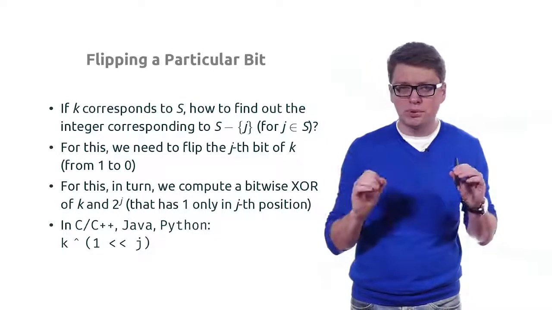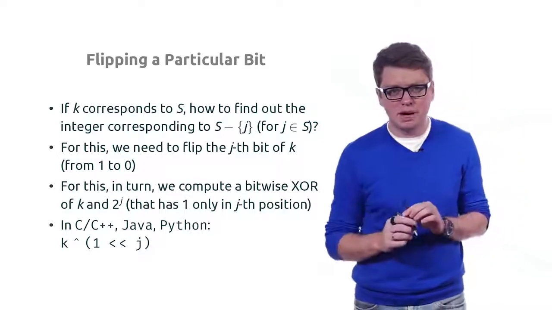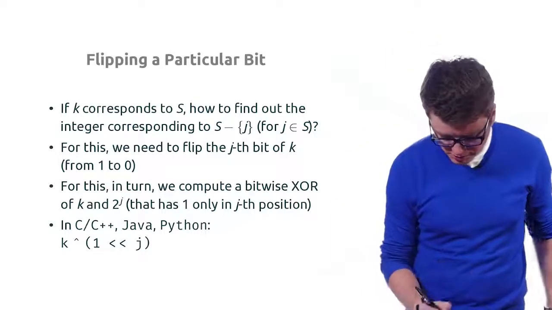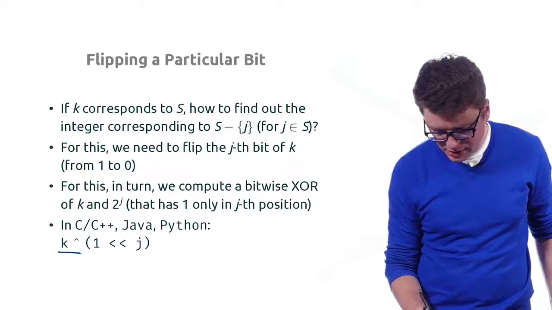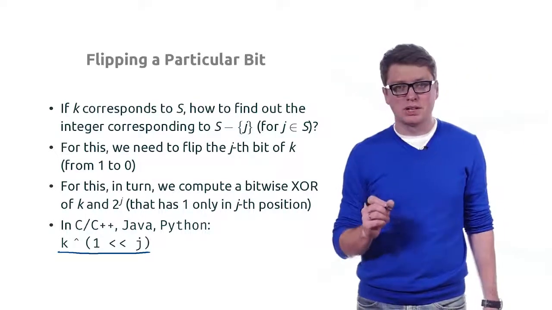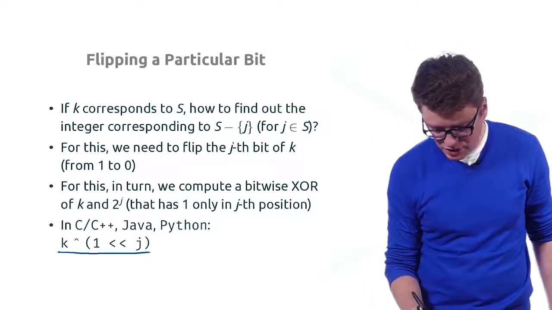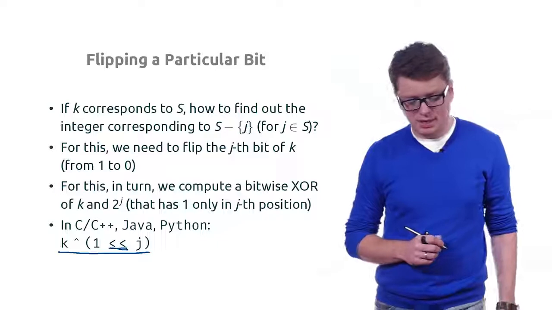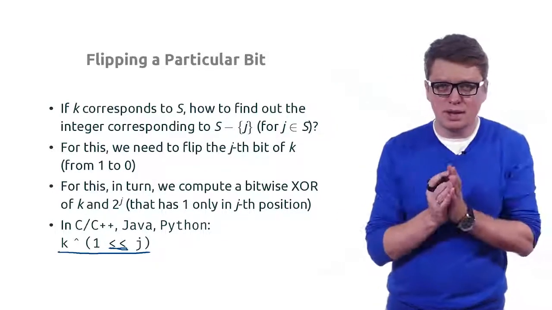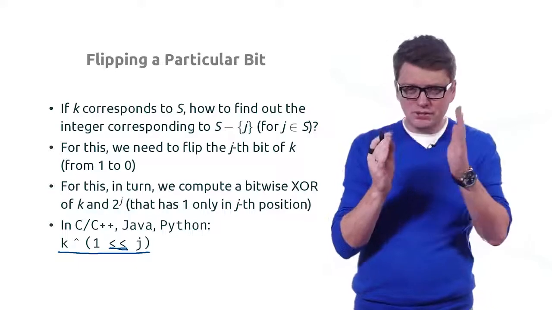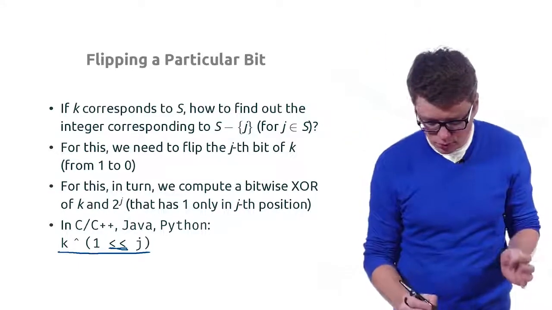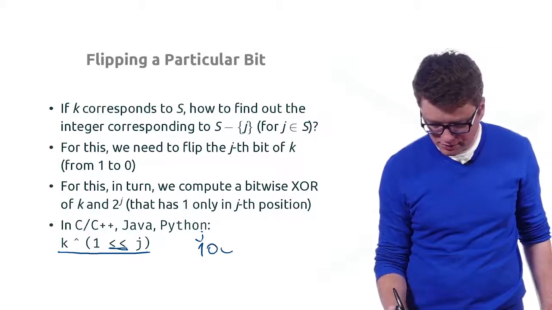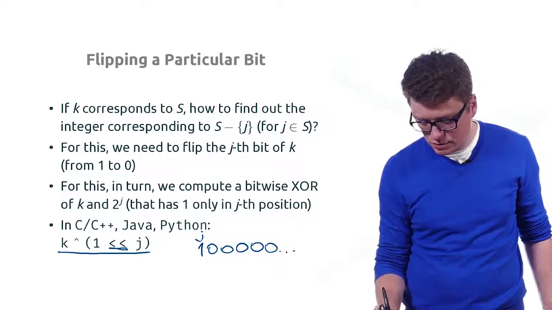In popular languages like C++, Java or Python, to flip the jth bit of k, we need to compute the following strange thing. Let me try to parse what is written here. This is called a binary shift to the left. It can be understood as follows: we take the number 1 and we shift it to the left by j positions. What we get is a number like this: 1 in the jth position, and here we have j zeros.